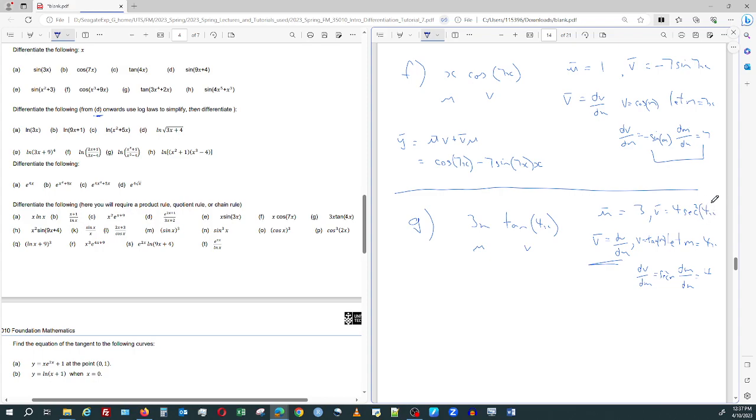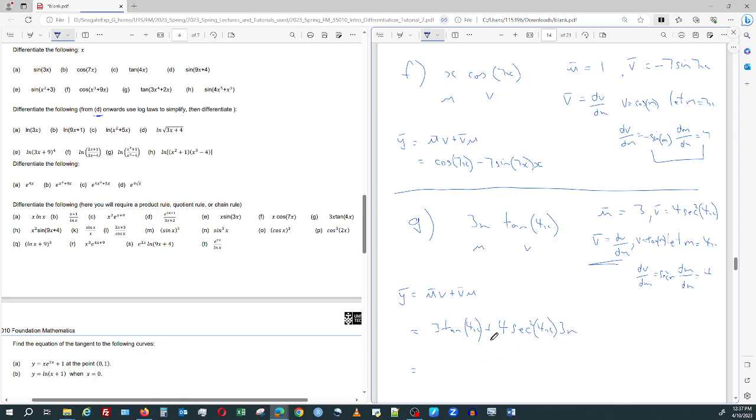4x is our m. So putting them all together, 3 tan 4x plus 4 sec squared 4x times 3x.